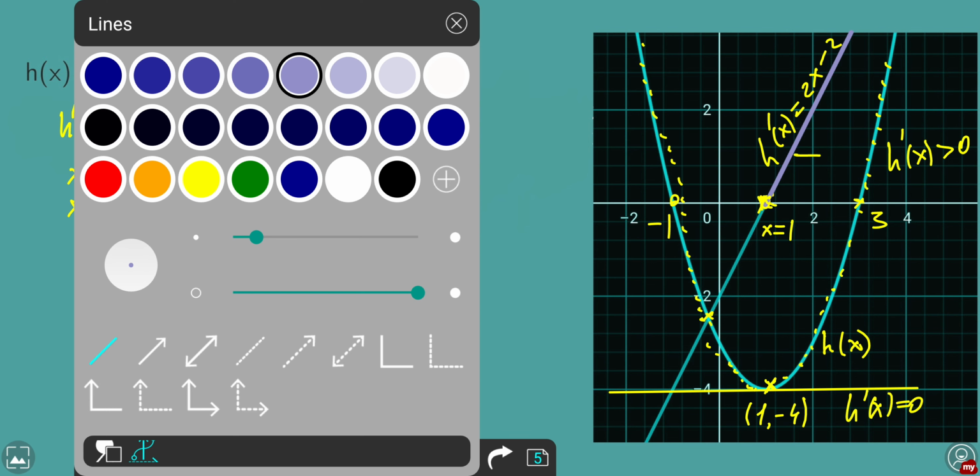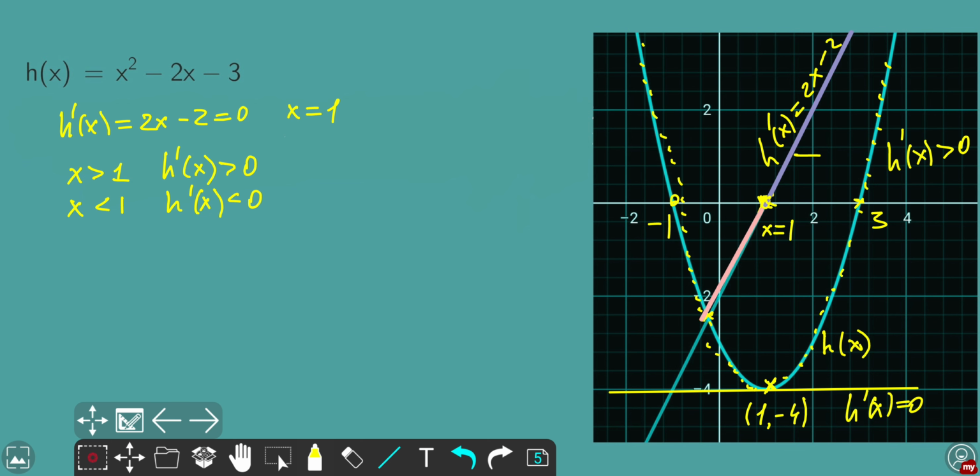So that's why for the part of the curve that has the negative gradient, the corresponding derivative of that function is going to be negative, or just completely below the x-axis. Okay, so that's the idea, and also you can say a bit more about where the function is rising and falling.